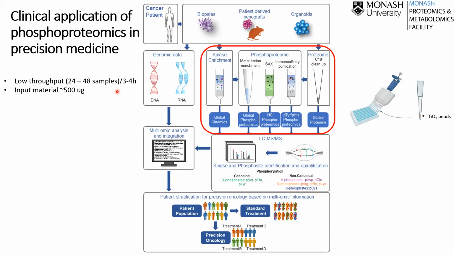And one of our issues with doing this kind of enrichment is the starting material, which is around 500 micrograms. This is a problem when it comes to biopsies, which are sometimes very tiny, and we can't actually achieve that amount of protein lysate.